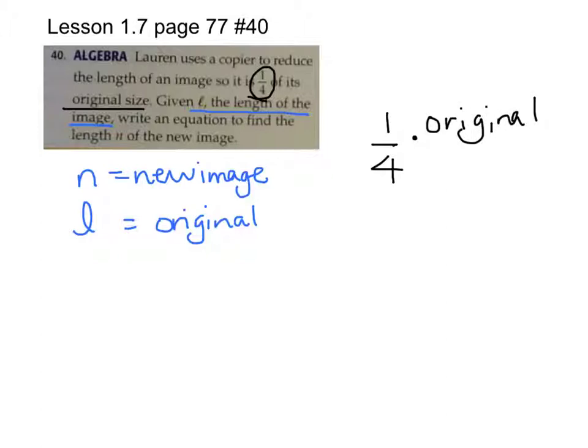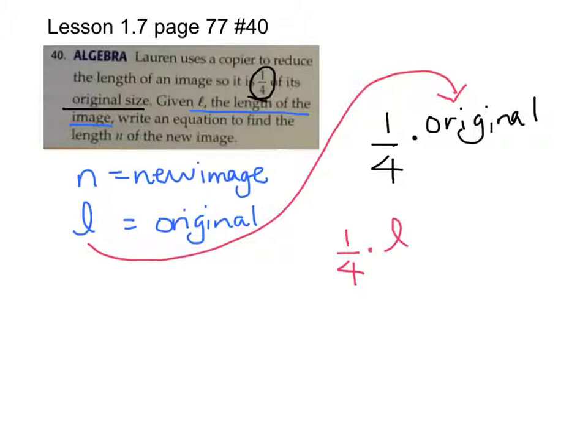Well, since the original was L, we're going to replace the original word with an L. So we're going to find 1/4 times L. What does that equal? That equals our new image. The new image equals 1/4 of, which is multiplication, of the original length.